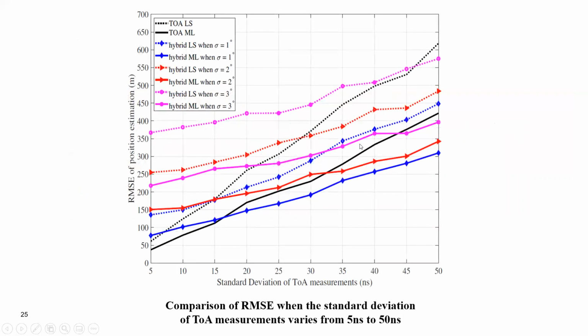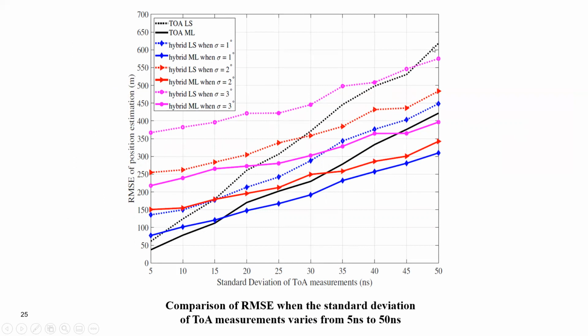This is the figure that compares the RMSE when the standard deviation of TOA measurements varies from 5 nanoseconds to 50 nanoseconds. We compare 8 scenarios, 8 algorithms.